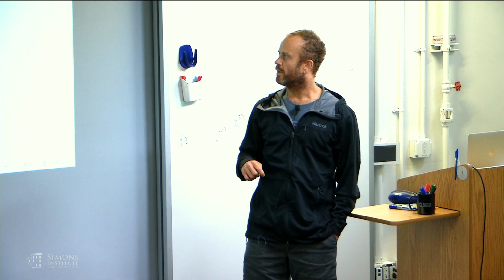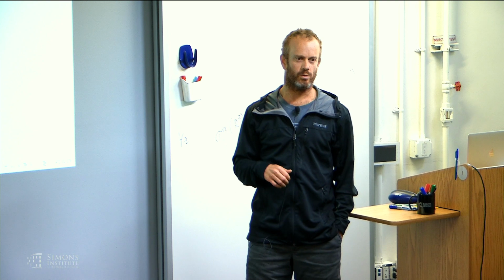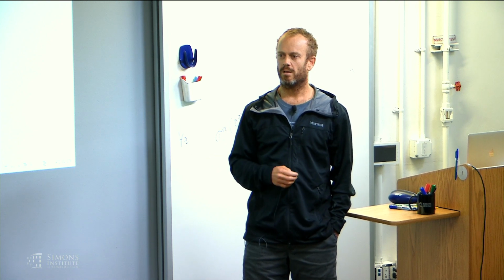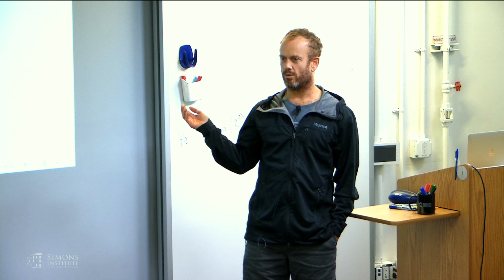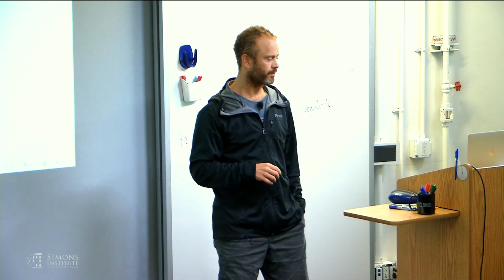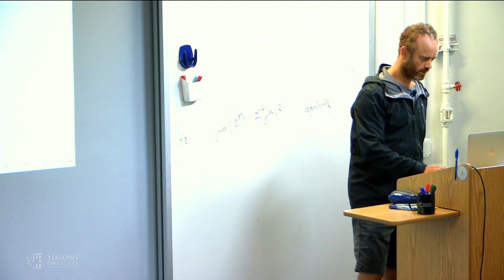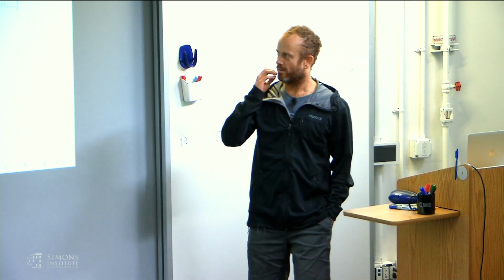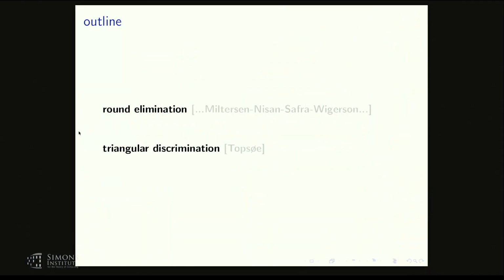And another is triangular discrimination, which is a measure of distance, which is useful for performing round elimination. So the two parts of the talk are these two parts. We will start with round elimination, then we will discuss this distance, and then the only thing that we actually prove is some example. I will show some example that is meaningful, I think.